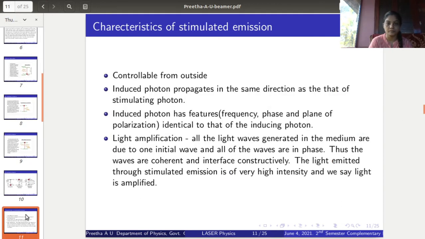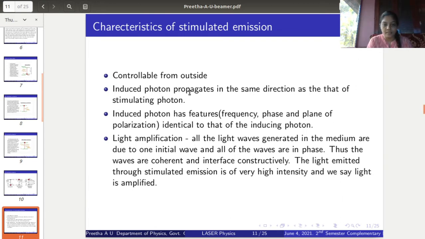Now what are the different characteristics of stimulated emission? The stimulated emission process is controllable from outside. This is because the process is initiated by external photons. External photons trigger or stimulate this process. That's why it can be controlled from outside.